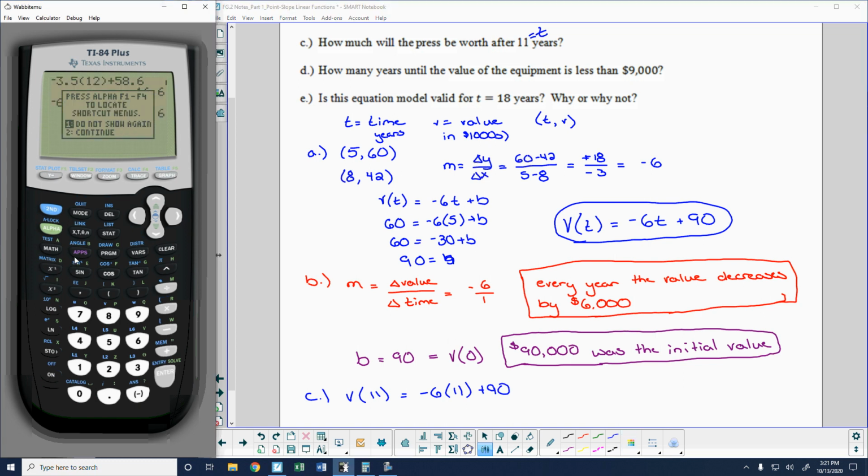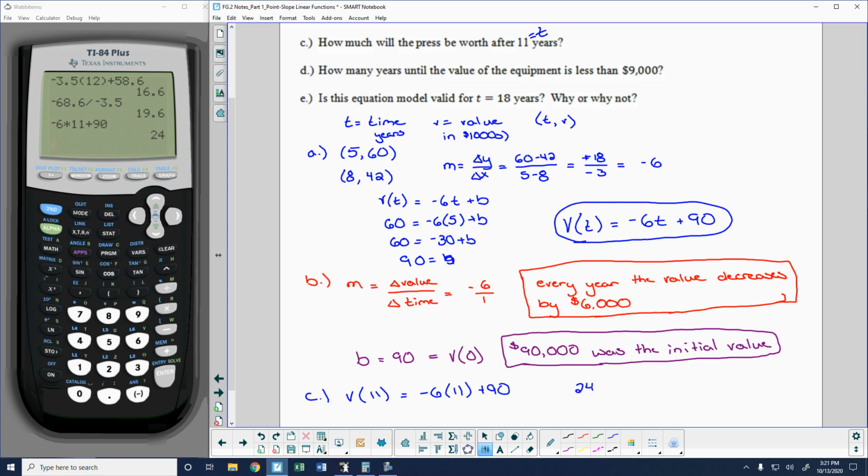I can go to the calculator if I want to. So negative 6 times 11 plus 90. The value would be 24. Remember, value is in thousands of dollars. So the value would be $24,000 after 11 years.